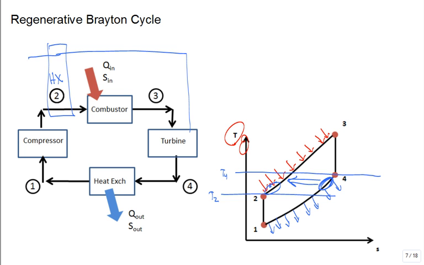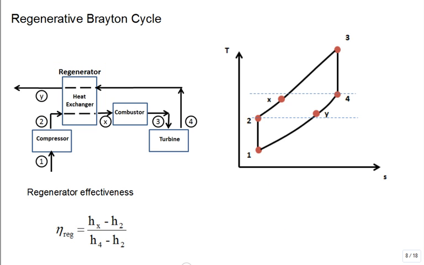In this heat exchanger, you're trying to take that hot working fluid, the exhaust products, and use it to heat up the fluid that's coming into the combustor before it gets to the combustor, because this is where you're buying that expensive fuel to combust to make things hot in the combustor. True? Okay, that's the idea.